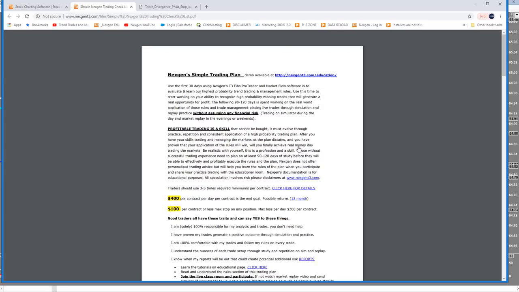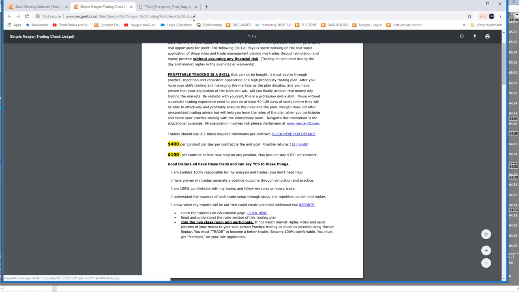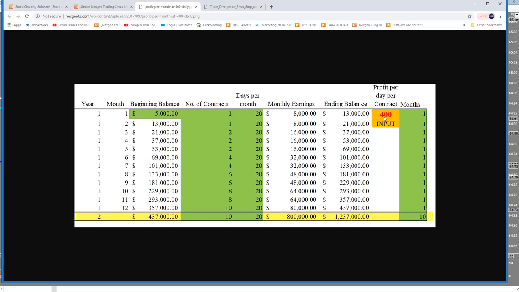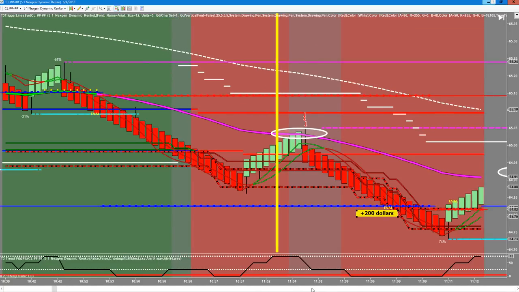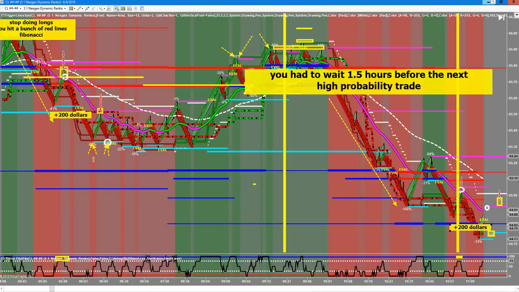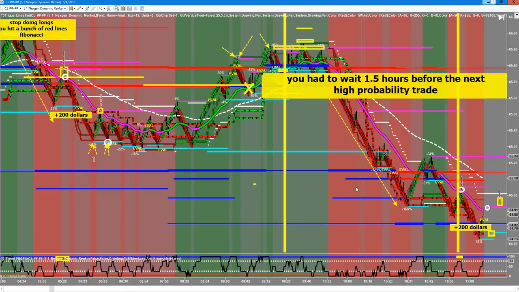Your goal and objective is to make $400 a day, which is 40 ticks, right? So if you were trading this one day so far, you would have made 20 ticks here, 10 ticks here, 10 ticks here, 20 ticks here, 10 ticks here, 20 ticks here.